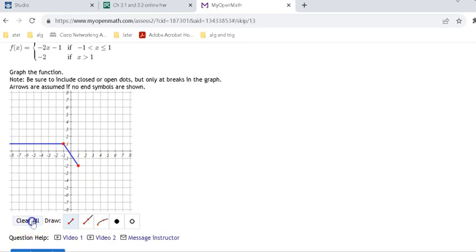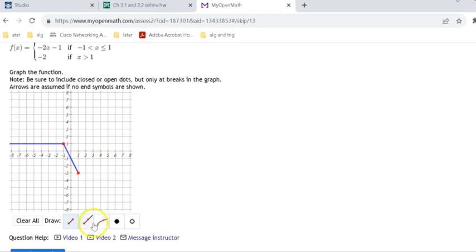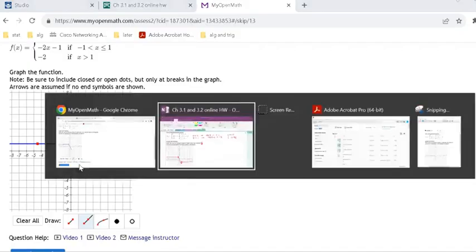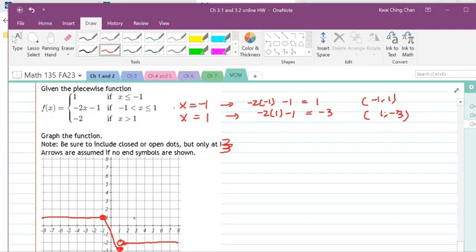Okay, clear. Oh gosh, we have to clear all. Okay, so this is negative 1. And then we have a line segment which is drawn from here to 1, negative 3. And then the end is for greater than 1. So you will say this again, greater than 1 is negative 2. Should we get an open circle and solid circle and all those?